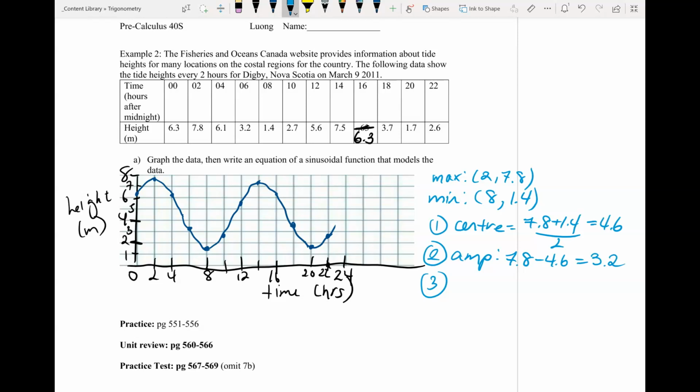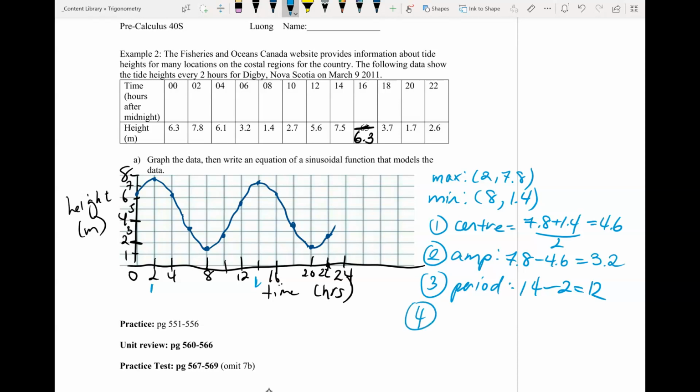Looks like we have a max here and a max here. So max at time of 2. It'll be at 14. So 14 minus 2, which has a period of 12. So just look for our max times, and then find the difference between the two max times, and that would be our total period. So that's 12 hours.